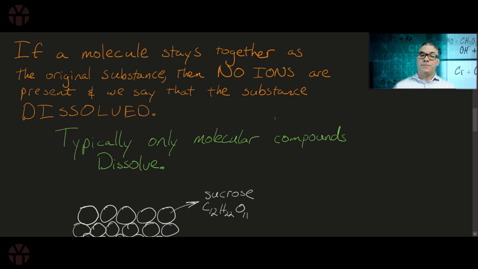In other words, when something dissolves, we're not cleaving molecules, we're not separating ions, no ions are present, and everything stays as a neutral compound. Typically, molecular compounds, those are nonmetal with nonmetal compounds, are the ones that we will say dissolve, especially in water.